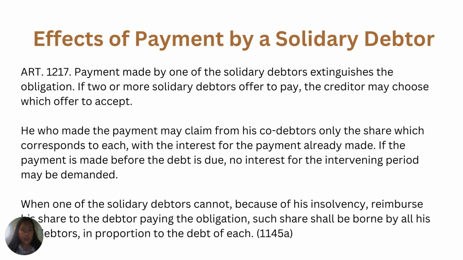If the payment is made before the debt is due, no interest for the intervening period may be demanded. So when one of the solidary debtors cannot, because of his insolvency, reimburse his share to the debtor paying the obligation, such share shall be borne by all his co-debtors in proportion to the debt of each.